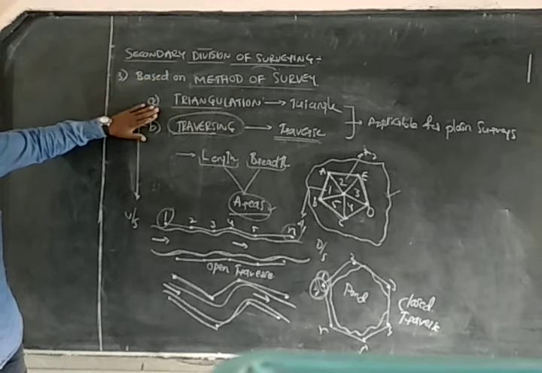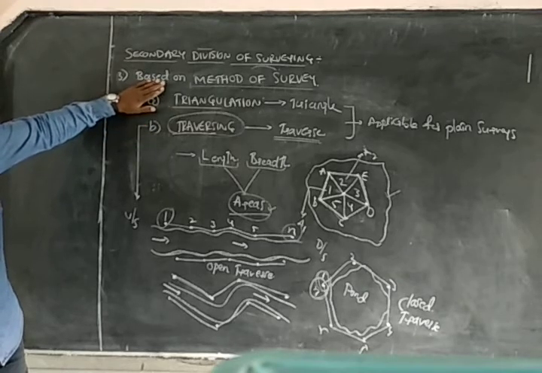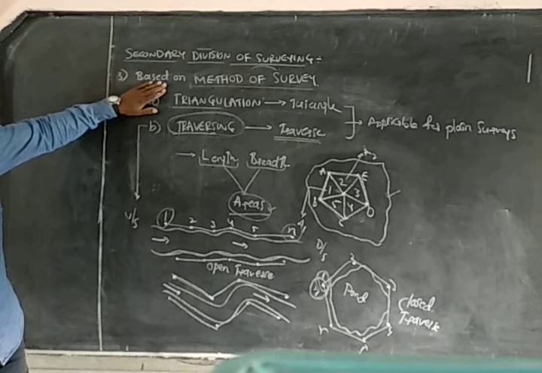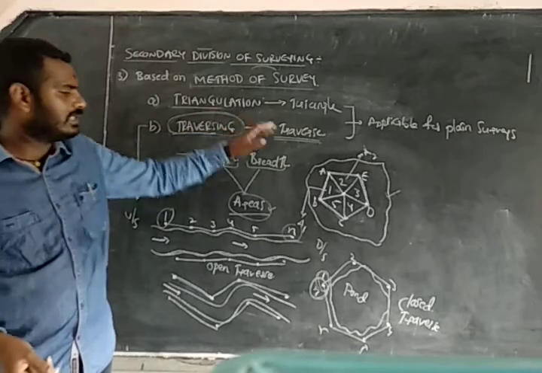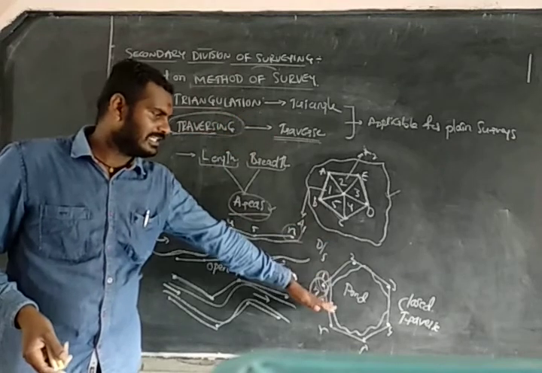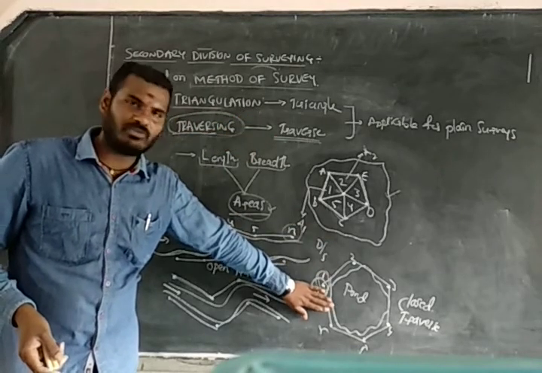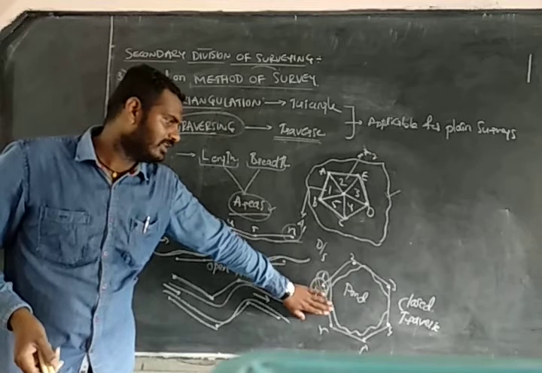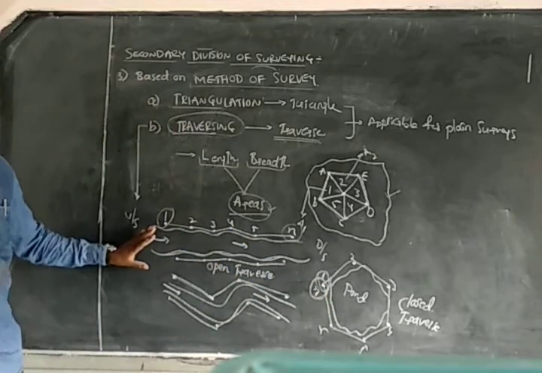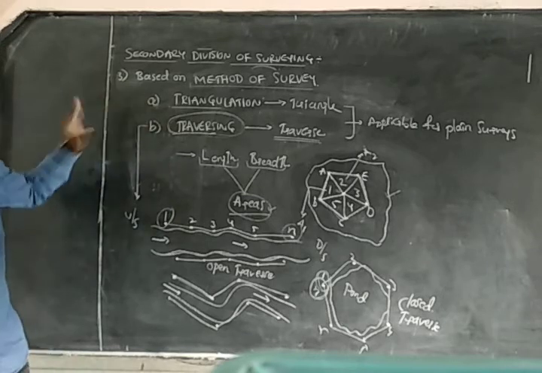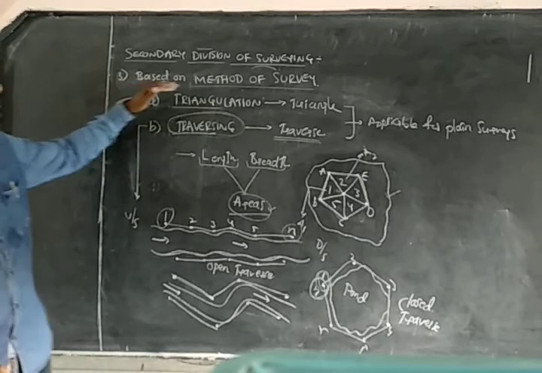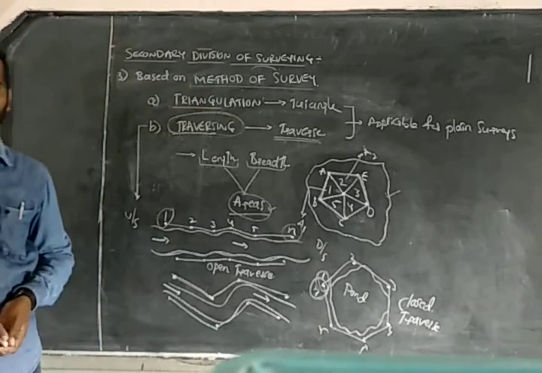And whereas here in this case, why? Because in water bodies triangulating is different, locating the points somewhere else in the water body is different. So in this case, traversing is carried out to calculate the areas inside of a water body, static water body, and to locate the path of a running water body. Okay. So this is what is involved in the triangulation and traversing, which comes under the method of surveying.